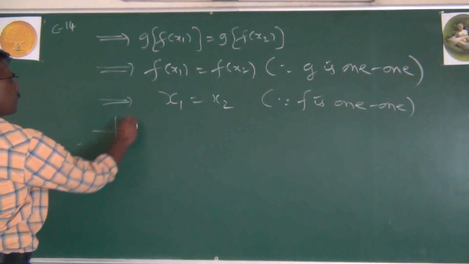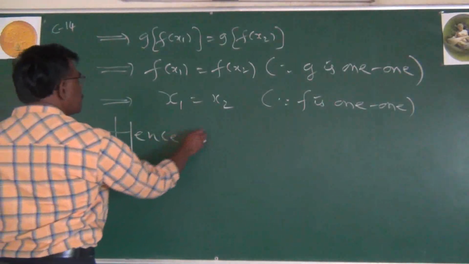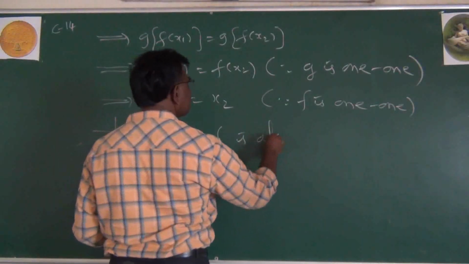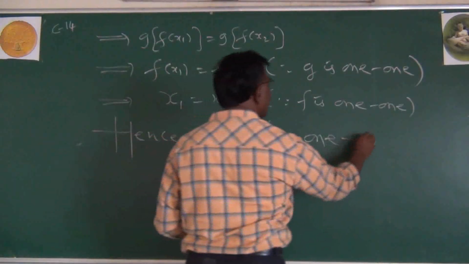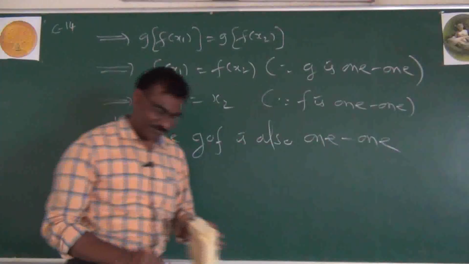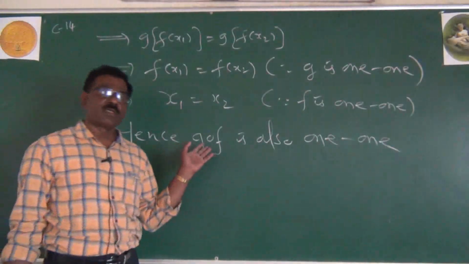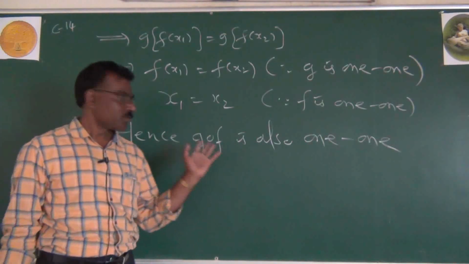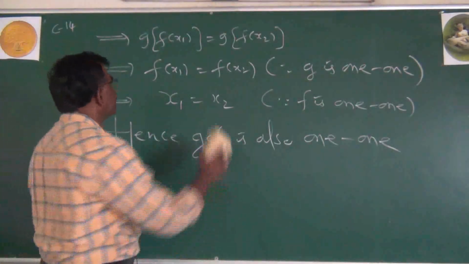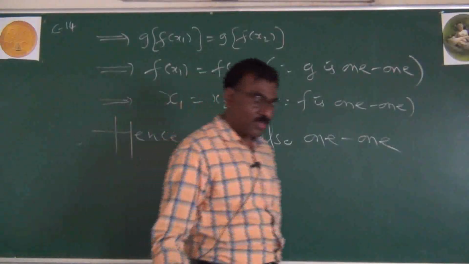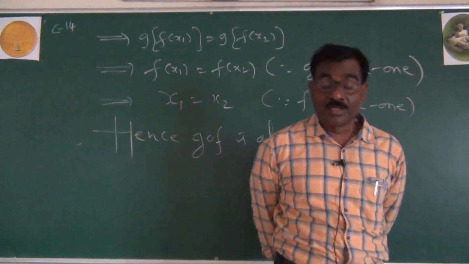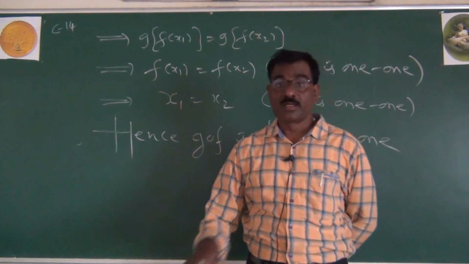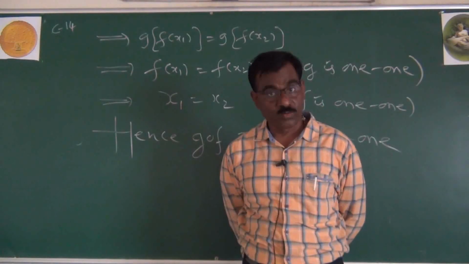Hence g composition f is also 1-1, because g composition f of x1 equal to g composition f of x2 gives x1 equal to x2. This is a very important theorem. What is the theorem statement? If f and g are both 1-1 functions, then the composition is always 1-1.